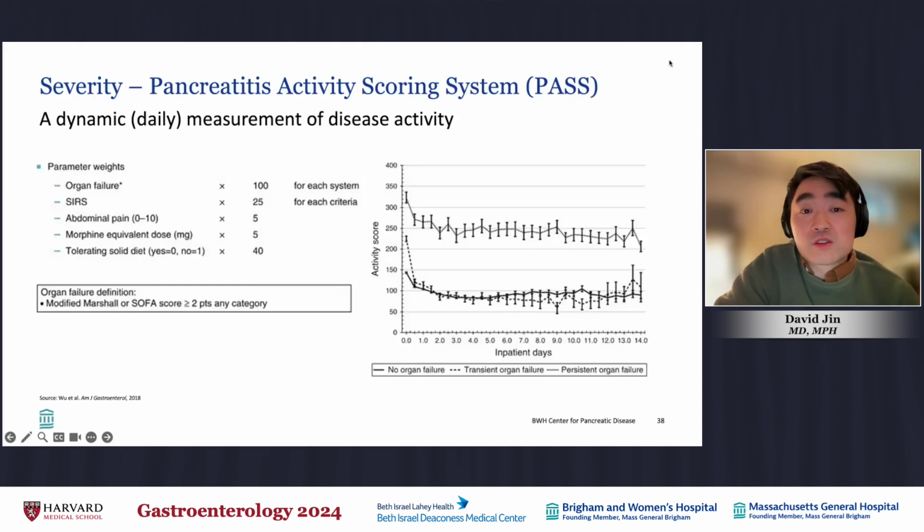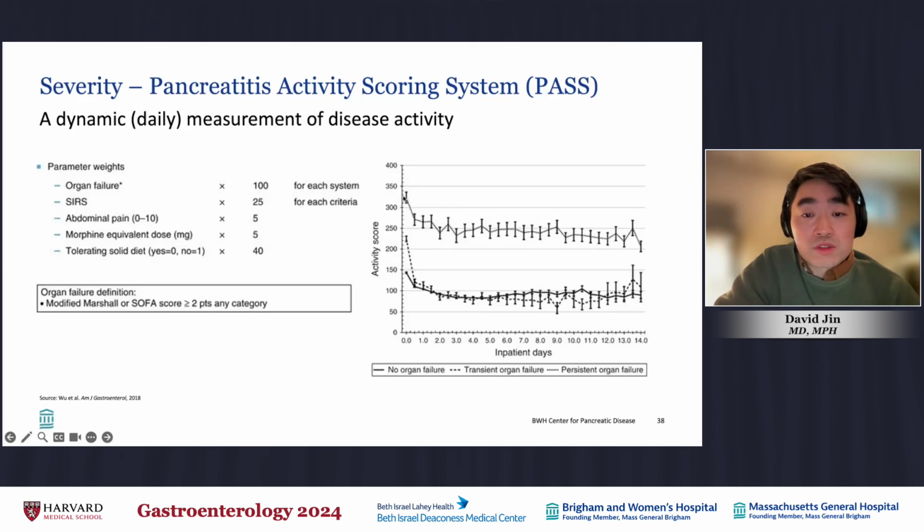The PASS stands for the Pancreatitis Activity Scoring System. It's a daily dynamic measurement of disease activity. So it's a 5-part weighted score you can calculate at admission and every day. And here on the right is a plot of patients with severe acute pancreatitis, the top line.